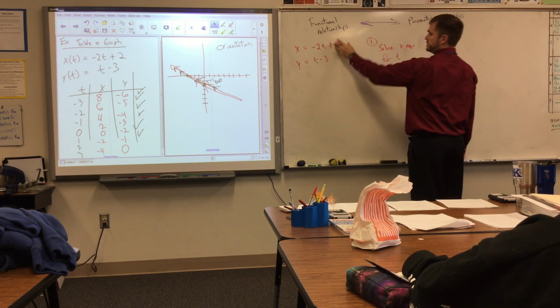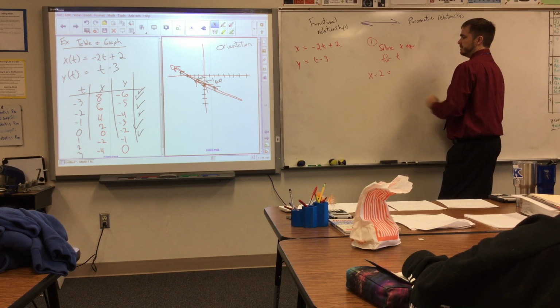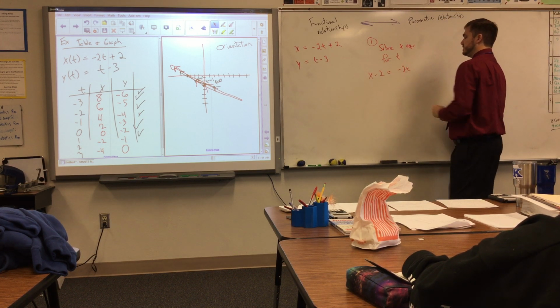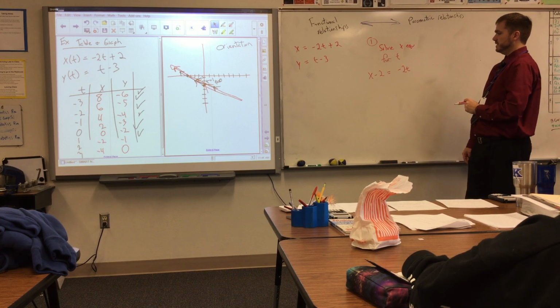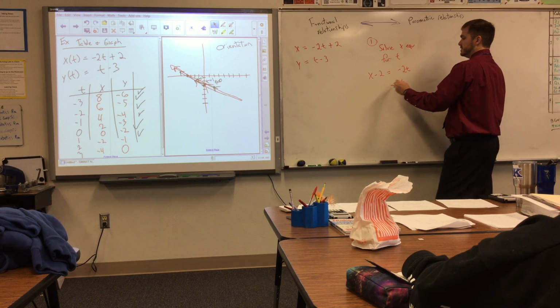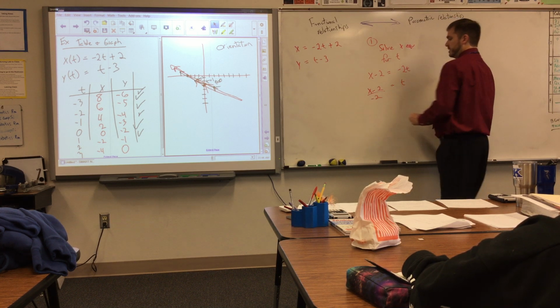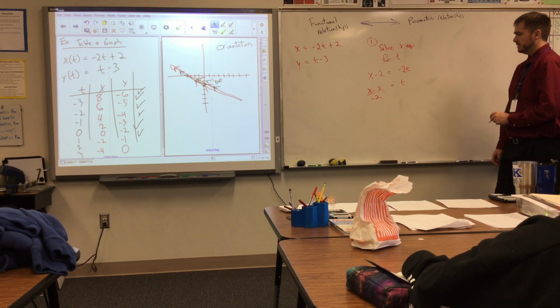So I'm going to subtract 2 from both sides. So x minus 2 equals negative 2t. Then divide both sides by negative 2. So t equals x minus 2 divided by negative 2.